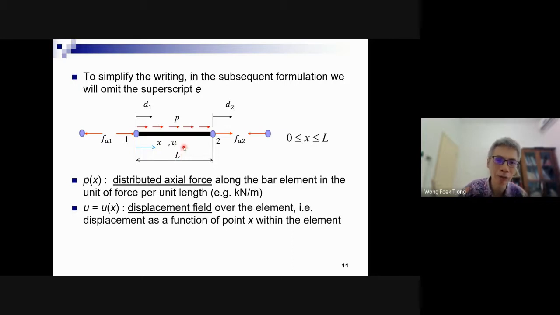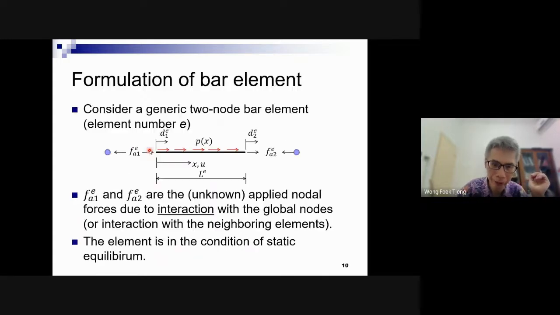Even though I remove it, we should always remember that what I'm talking about refers to the element, not to the structure. So subsequent discussion always refers to the element. So this is X. It means not the global coordinate, but the local one here, even though I didn't write XE.